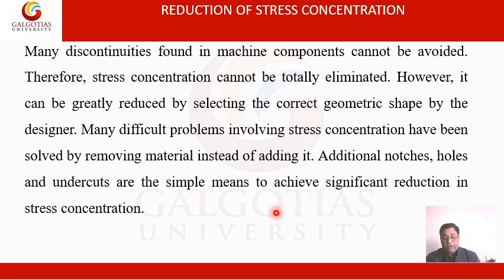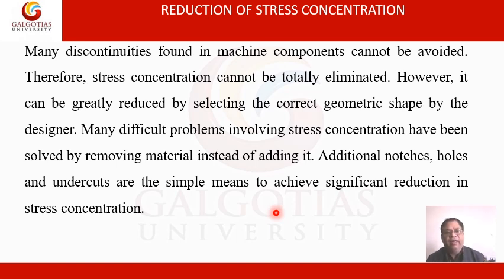Then the next, reduction in stress concentration. What are the methods by which you can reduce the stress concentration? Many discontinuities found in mechanical components cannot be avoided, like threads, we have to make the thread, we have to create the keyways to mount the gear and pulleys on the shaft. But we can eliminate them to some extent.